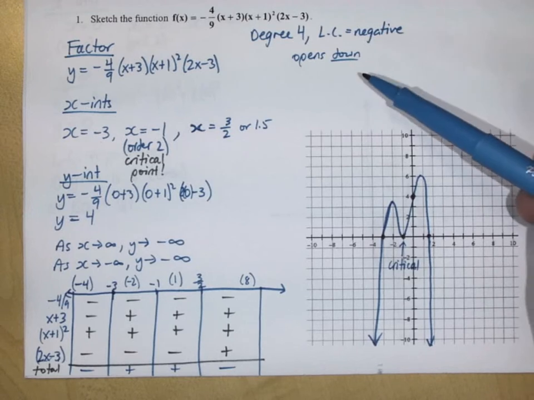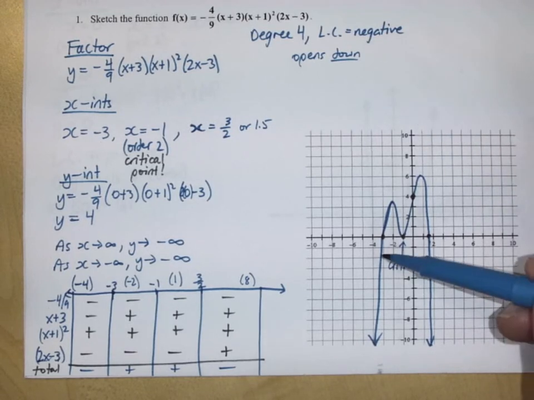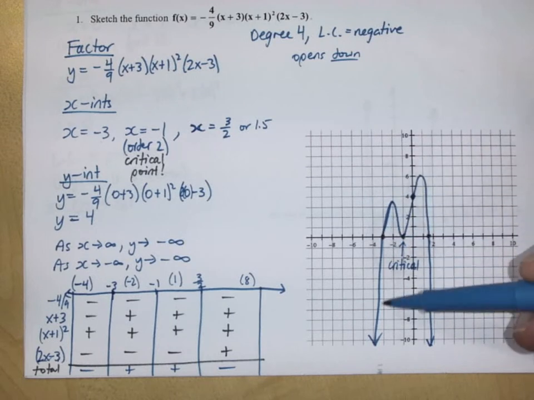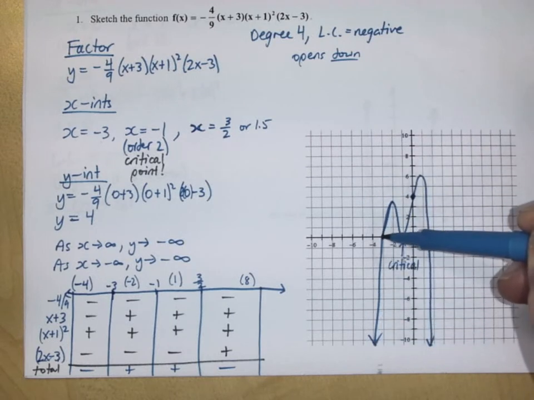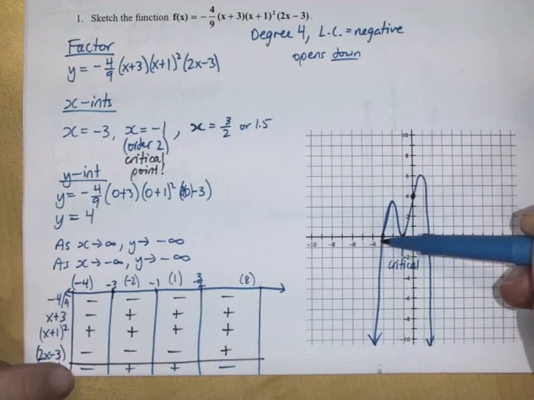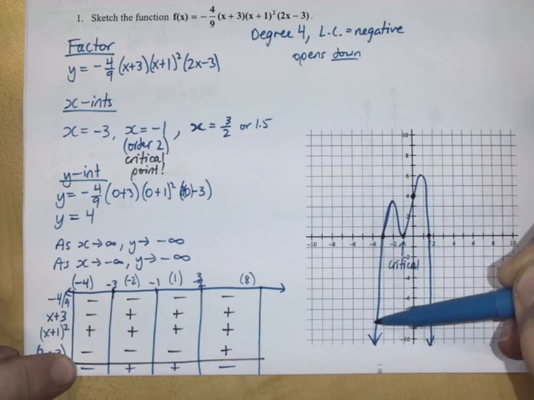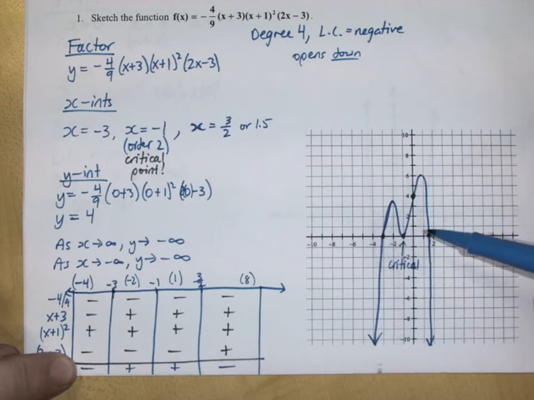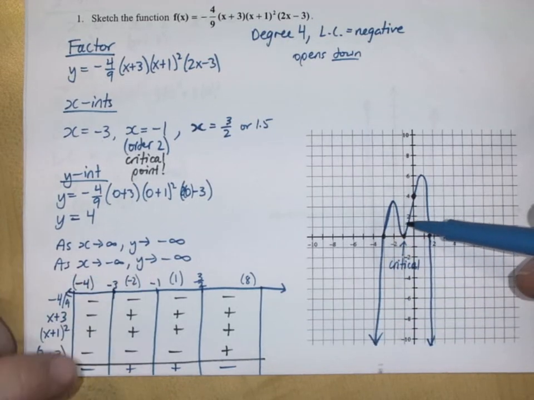Now, we already decided that this opens down, so this graph would not approach -3 from the top, it would approach -3 from the bottom. And that makes sense because anything left of -3, the graph is below. That's what this negative means. And here's the part of the graph that's below the x-axis. What happens between -3 and -1?